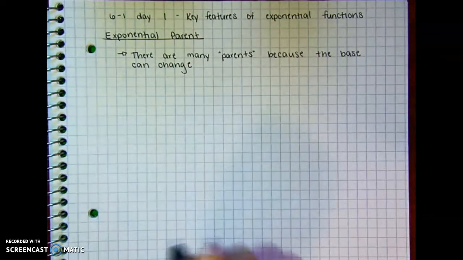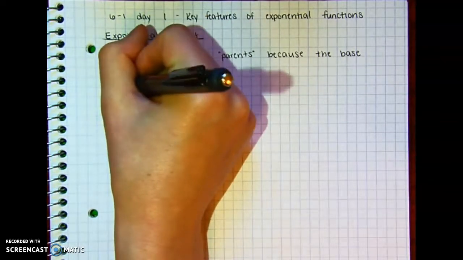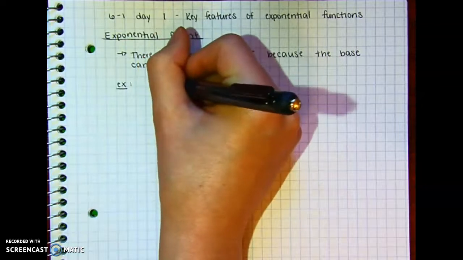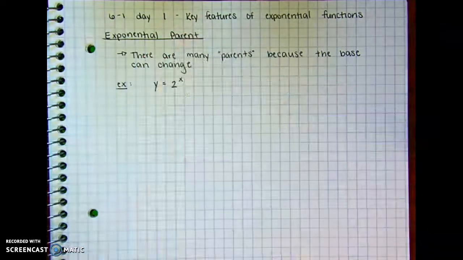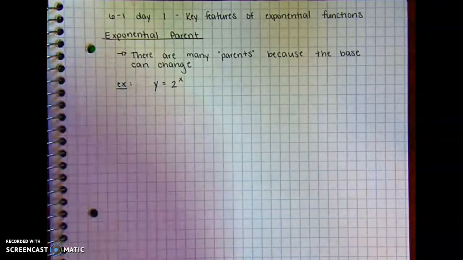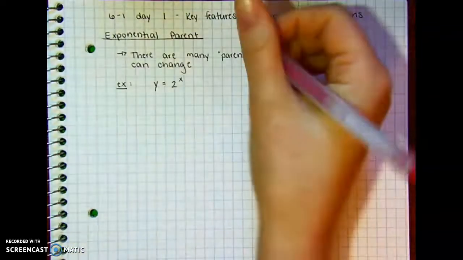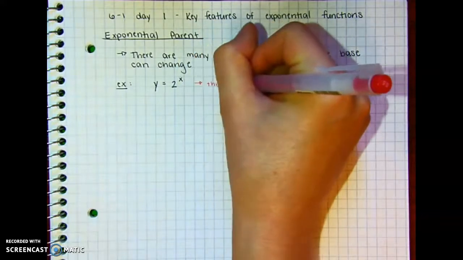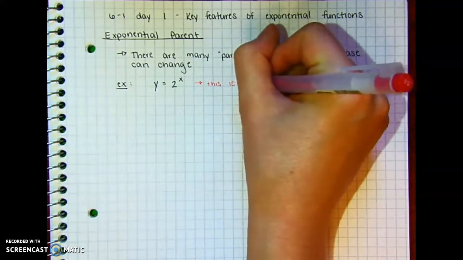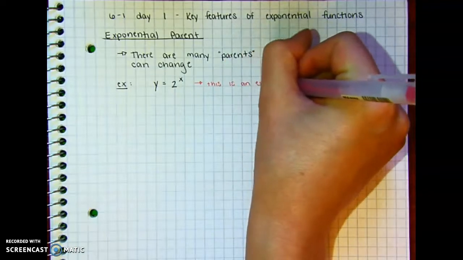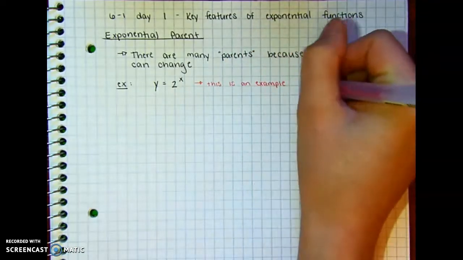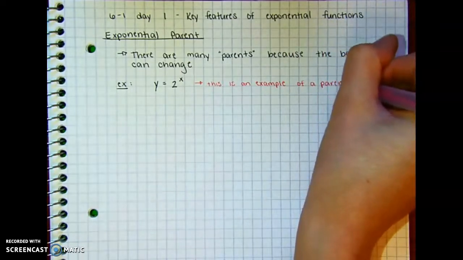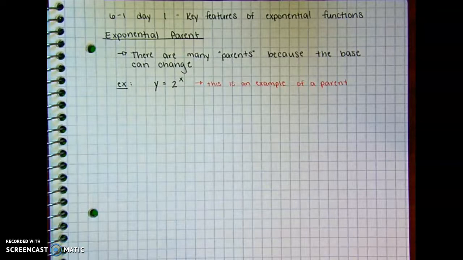So we'll do an example of a parent real quick. An example of a parent would be y equals 2 to the power of x. So this is an example of a parent of an exponential function.